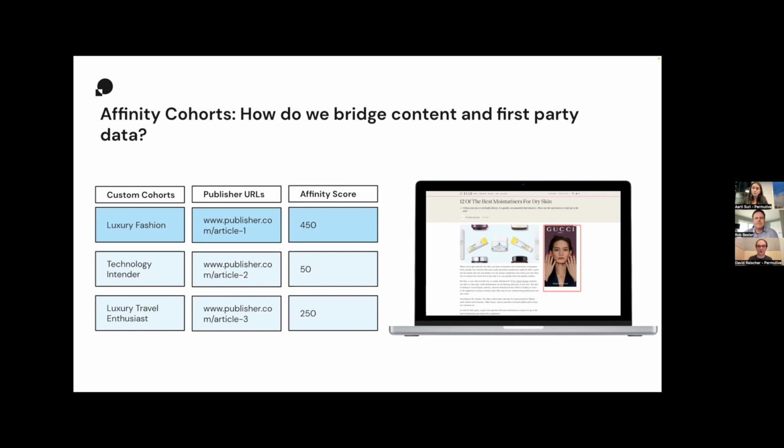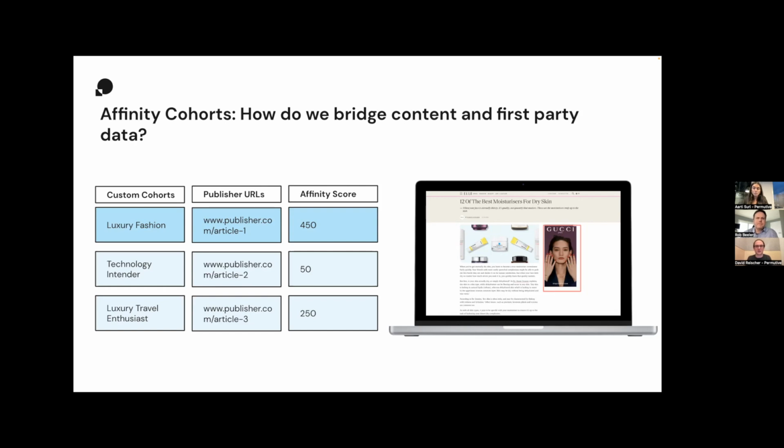So again, if we look at the example on the slide here, we can see from a pure contextual perspective, it's a skincare review. But by overlaying aggregated insights from consented users, we can also see that users in the luxury fashion and the luxury traveler audience are over-indexing for this review.